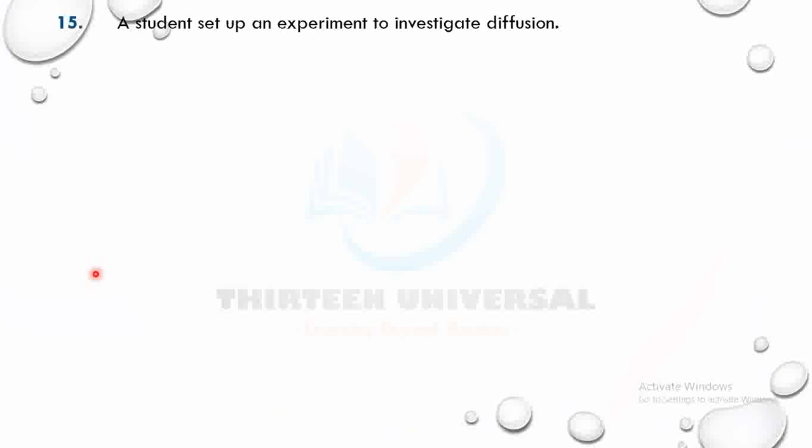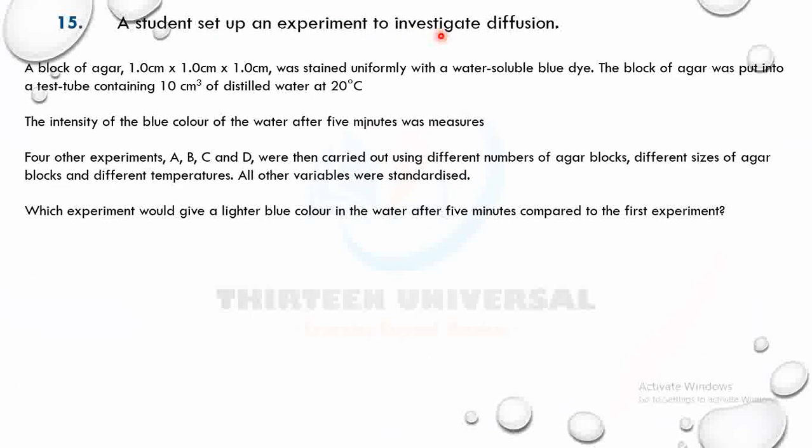All right, a student set up an experiment to investigate diffusion. Let's see what he set up. The agar, with dimensions 1.0 cm for length, width, and height, was stained uniformly with a water-soluble blue dye. The block of agar was put into a test tube containing 10 cm³ of distilled water at 20 degrees Celsius.